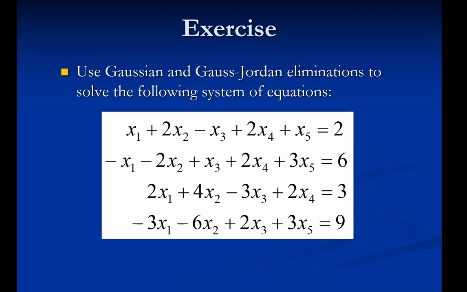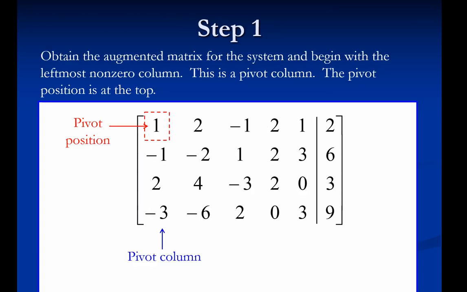So suppose we're going to use Gaussian elimination and Gauss-Jordan elimination to solve the following system of equations. Okay, so this is something that we will talk about, but I can think of this as just the numbers, right?